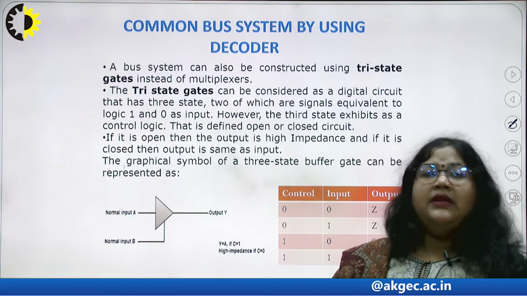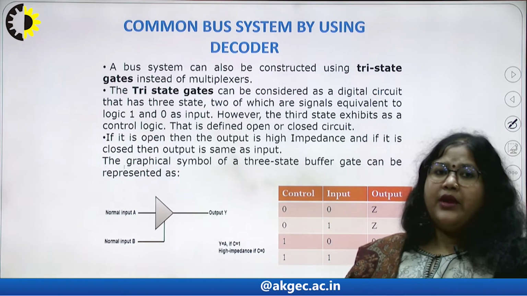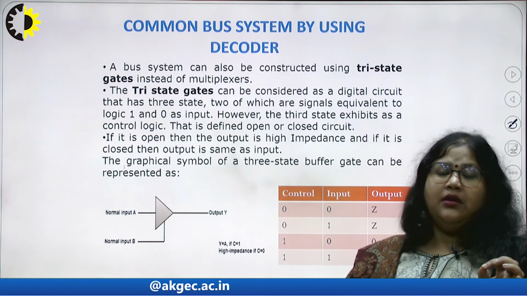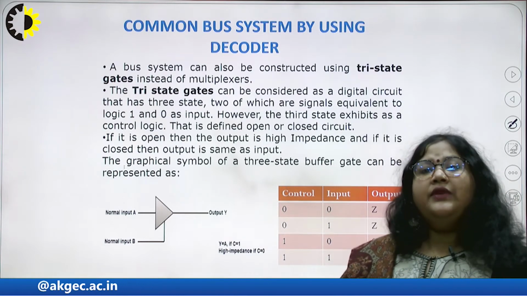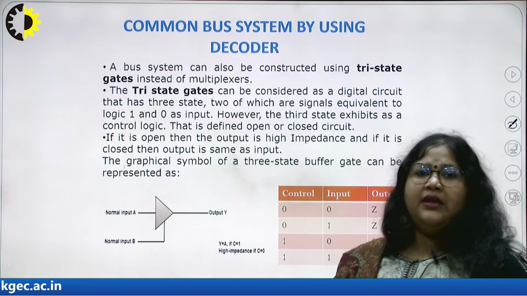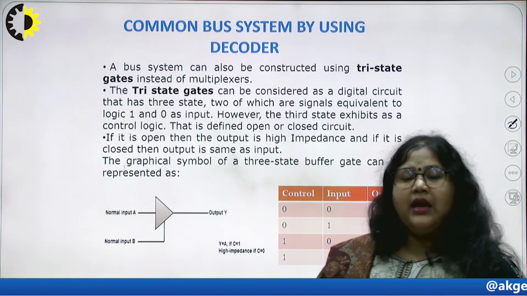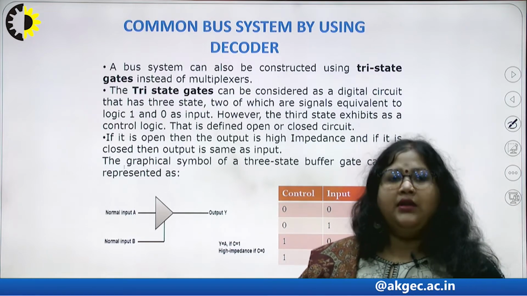In conventional systems, when we transfer data, we use a wire for a single bit. So distinct buses are used for transferring the bits from one place to another.